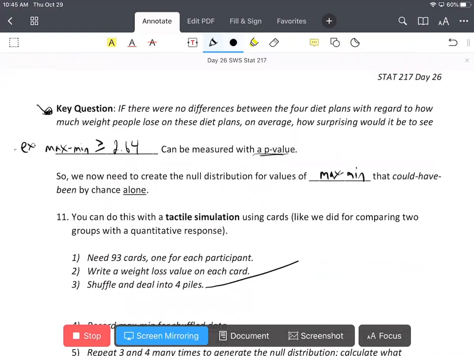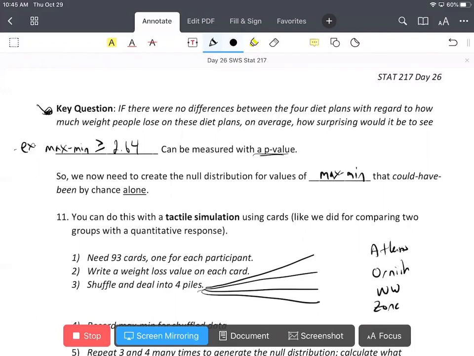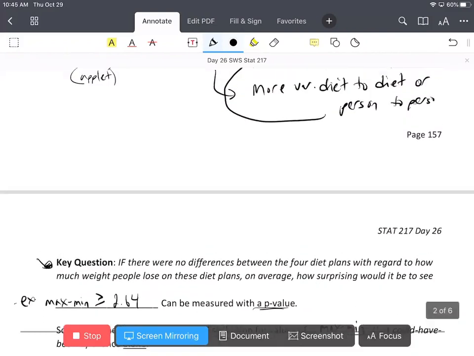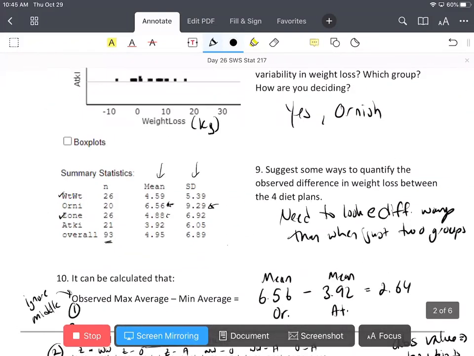So there are going to be 4 piles. 1, 2, 3, 4. There's going to be a pile for Atkins, a pile for Ornish, Weight Watchers, and Zone. But how many are we going to put in each? And this is where going back to the sample data is going to tell us.